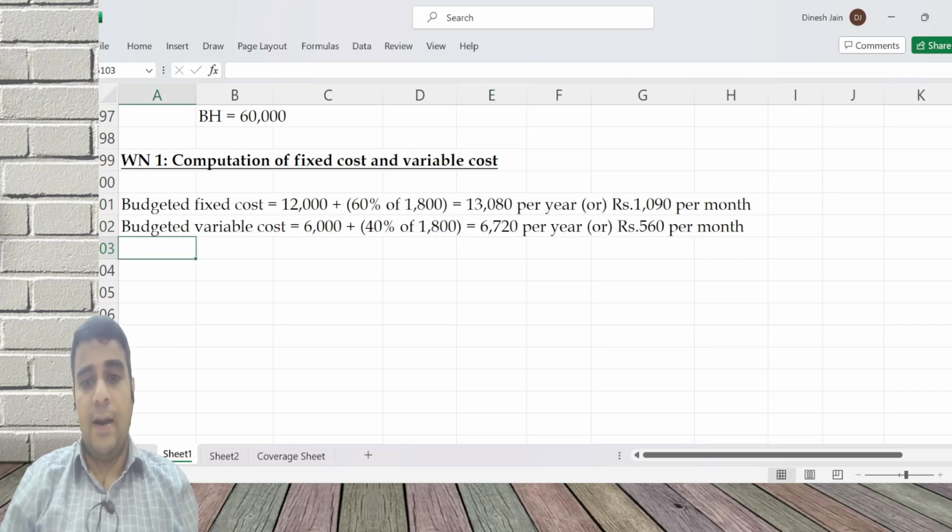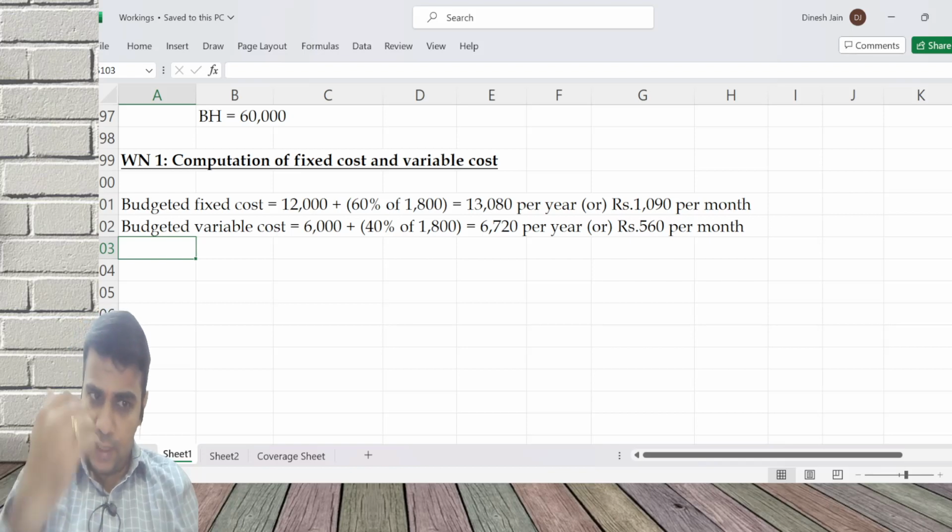So budgeted fixed cost 1,090 per month. Budgeted variable cost 560 per month. This is on the budget side.